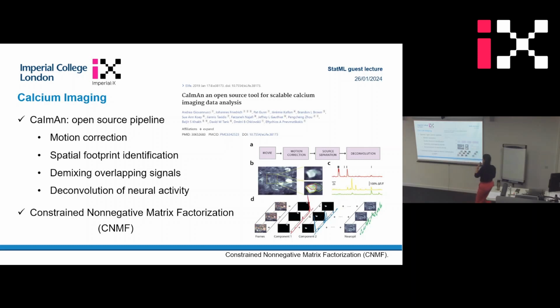Finally, you deconvolve the fluorescence signal, which is this one, to obtain the actual electrical impulses of the cells. And it uses constrained non-negative matrix factorization, which sounds very fancy, but what it means is that with all of your data, you're dividing it into two matrices.